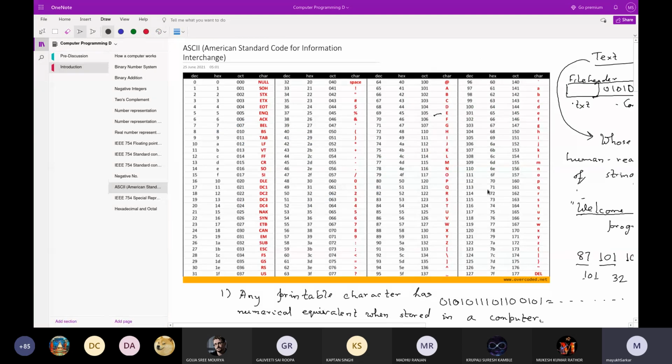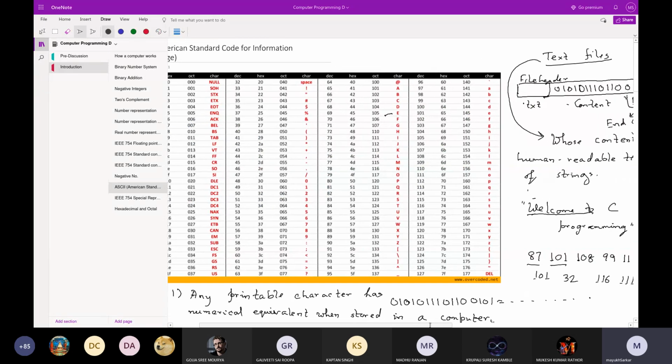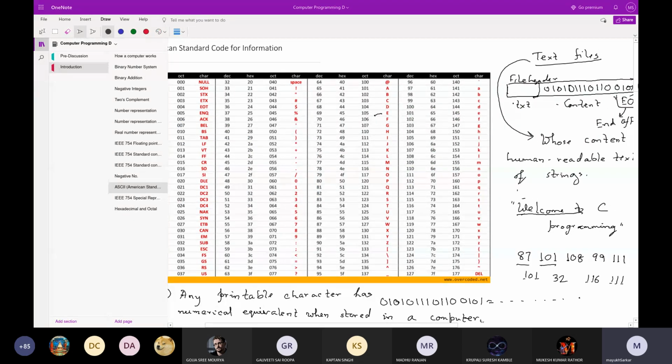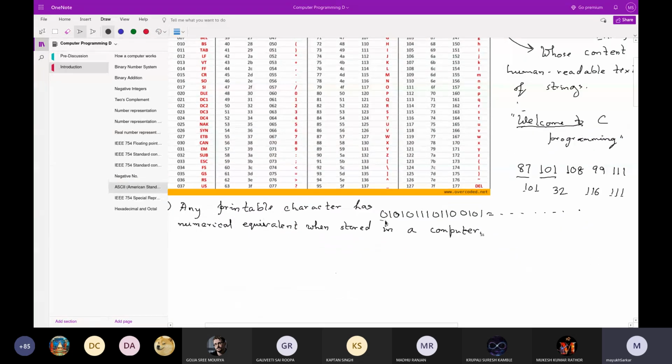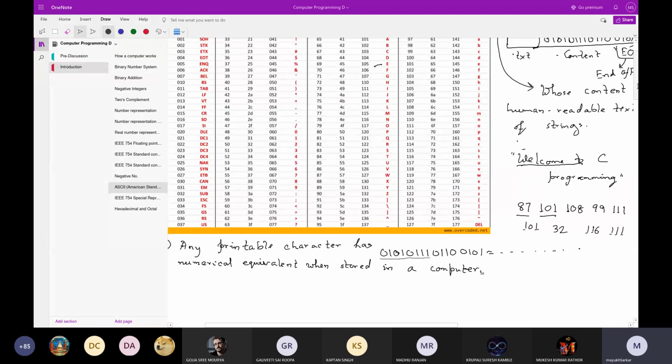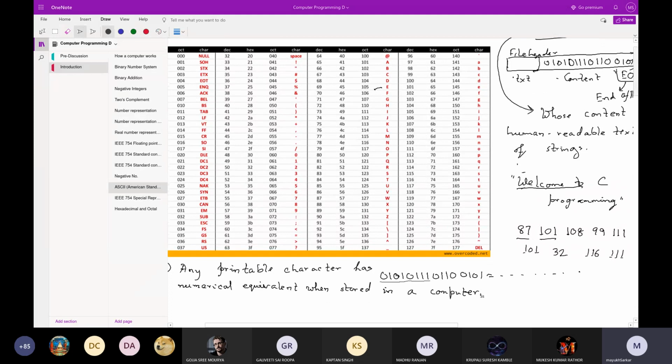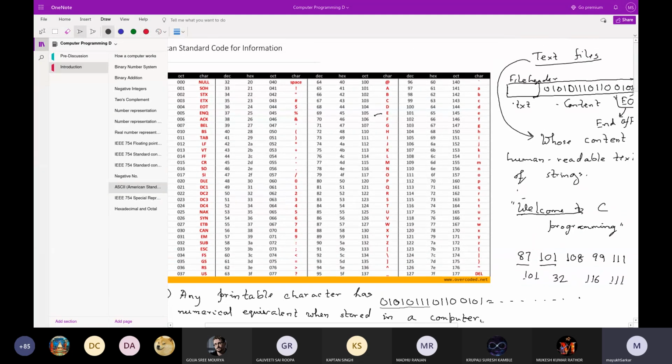So here previously I told you that I am writing this directly. This 87, I wrote directly into this 8 bit 0101 0111. How did I write that? Obviously I cannot convert a decimal number directly to binary by dividing all the way by 2.